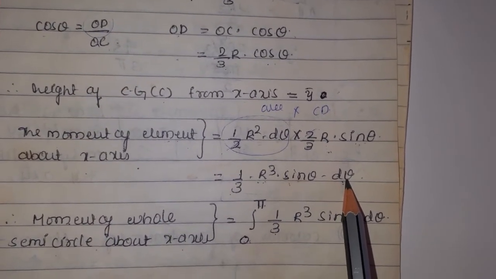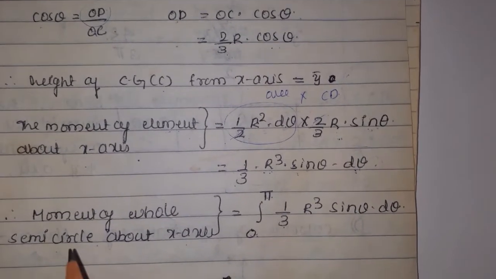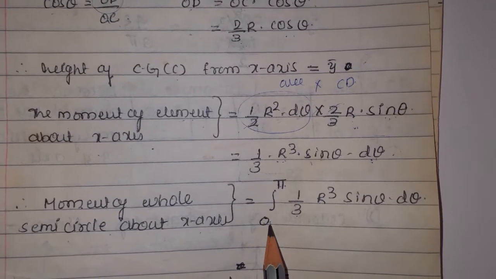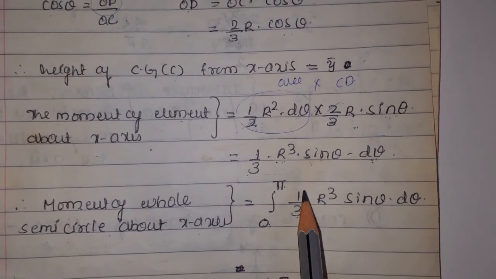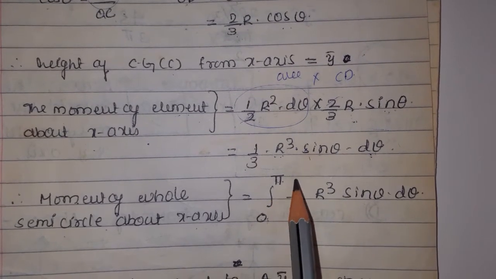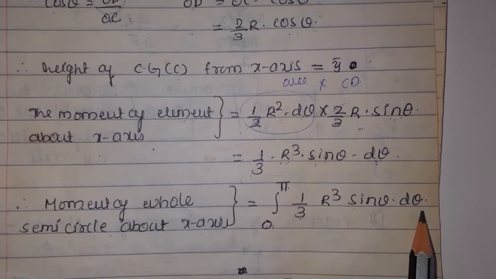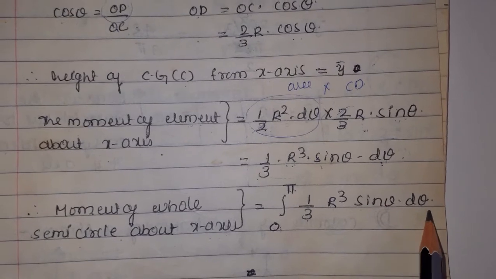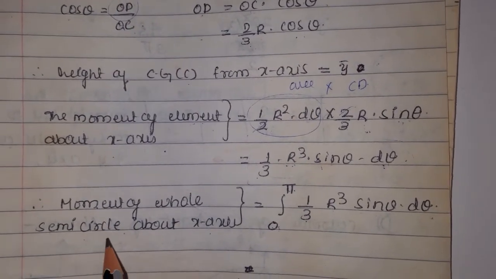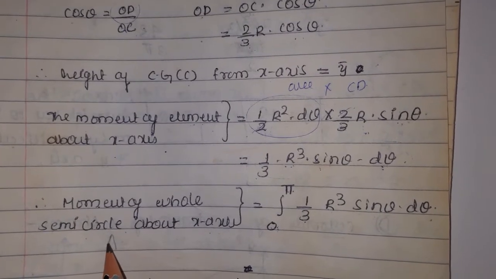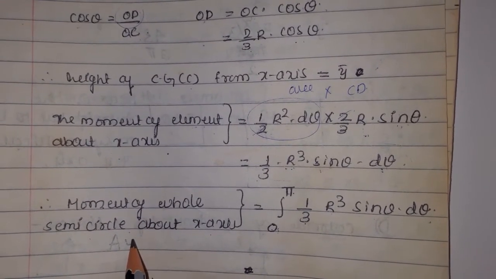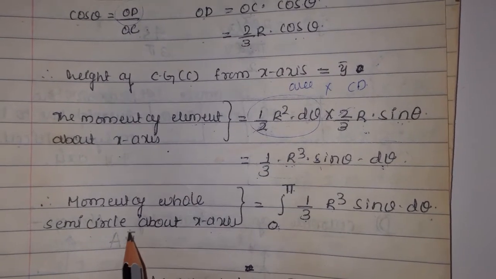Now the moment of the whole semicircle about the x-axis is equal to the integral of 0 to pi, 1/3 of r cube into sine theta into d theta. As we know, the moment of the whole semicircle can also be got by the area of the semicircle into the perpendicular distance about the x-axis, which is y bar.